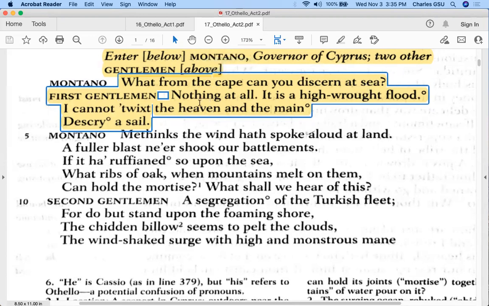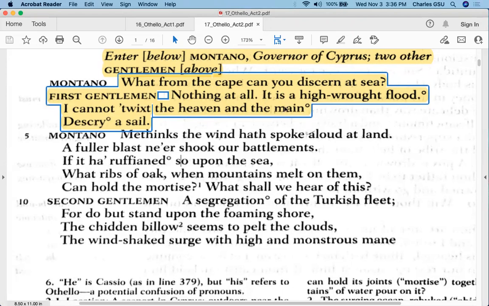And the first gentleman says, nothing at all, which is kind of this metaphorical response to, we've just moved from the world of sociality in Venice, a major port of commerce, to this fairly small island in the Mediterranean, and there's a storm or tempest out, and I can't make anything out because things are incredibly chaotic.